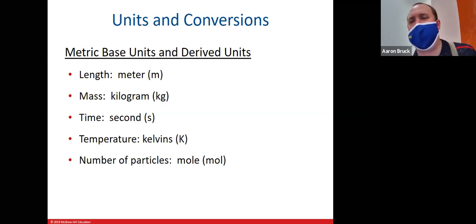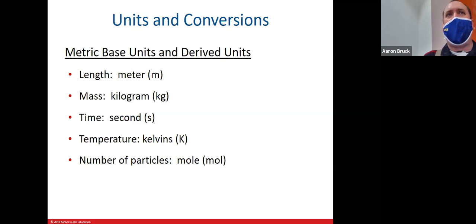Derived units, on the other hand, do. Derived units are made by combining, usually through multiplication and division, other units together.